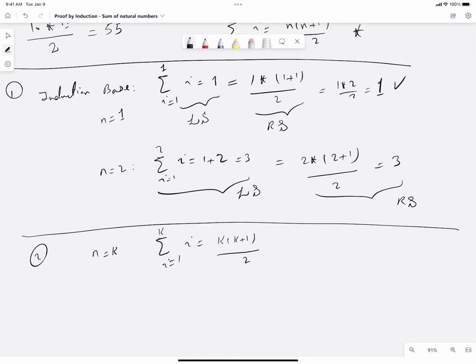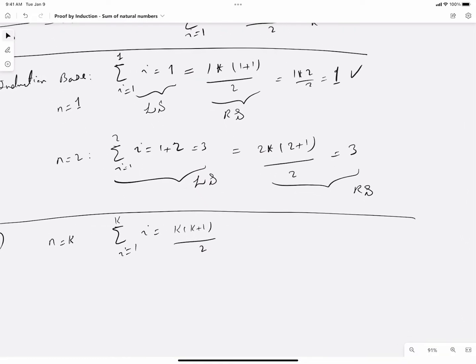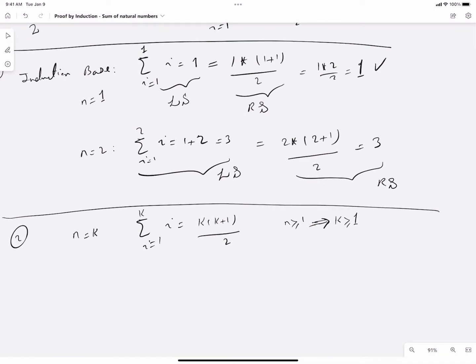So here what I did is replace n with k. As you see, everywhere in the formula, I just replaced n with k. And because n is greater than or equal to 1, that means k is also greater than or equal to 1, because k is a random number in the range of natural numbers.